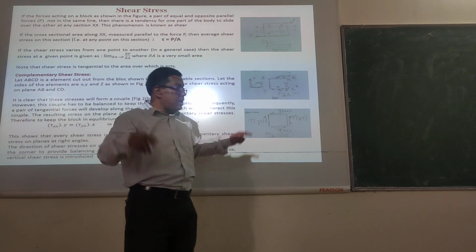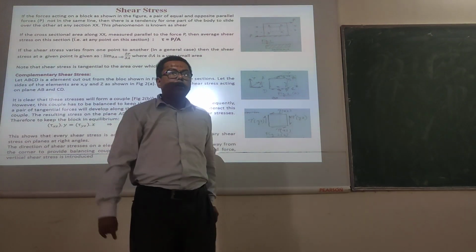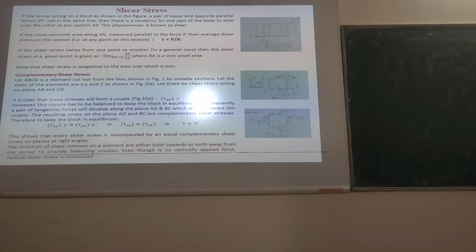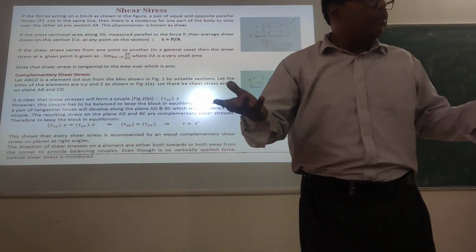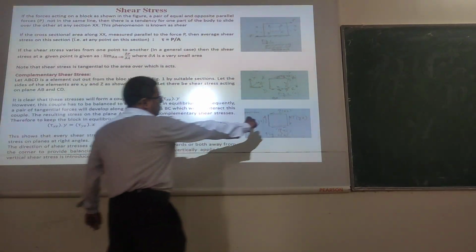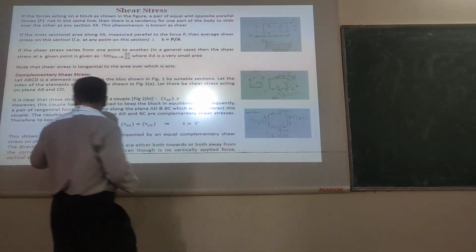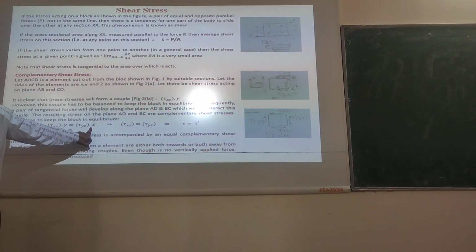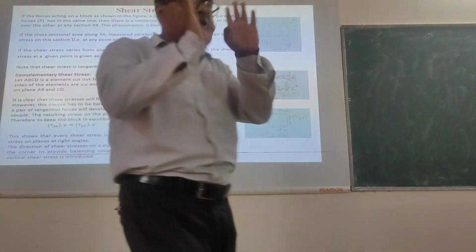Have you understood? These two stresses will be termed complementary shear stress. Now, as you understand, the body must be in equilibrium, so tau xy, which is separated by distance y, should be equal to tau yz, or tau dash yz, whatever you say, multiplied by x. Now this x and y are the same because I have taken a very small body.